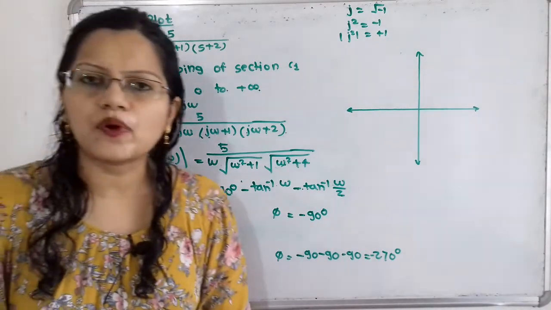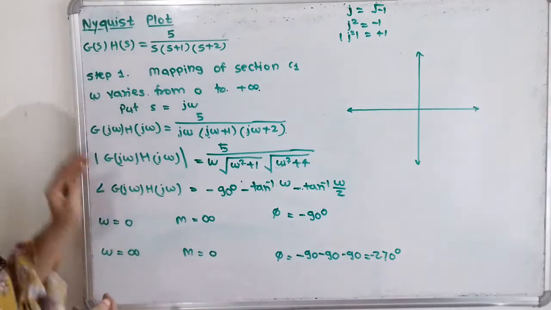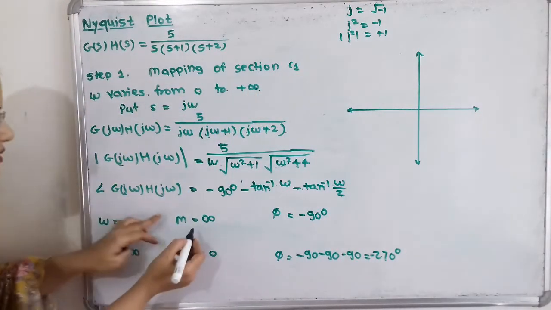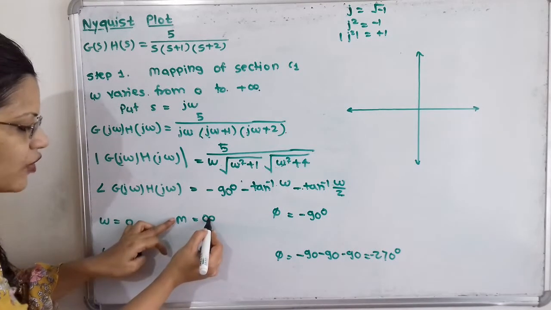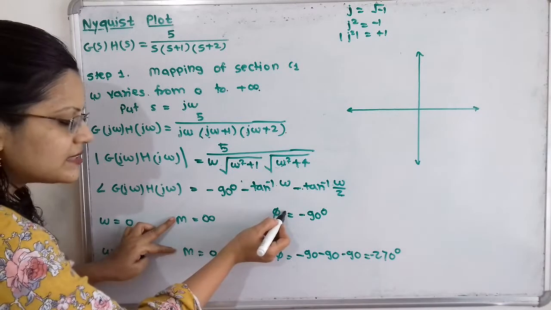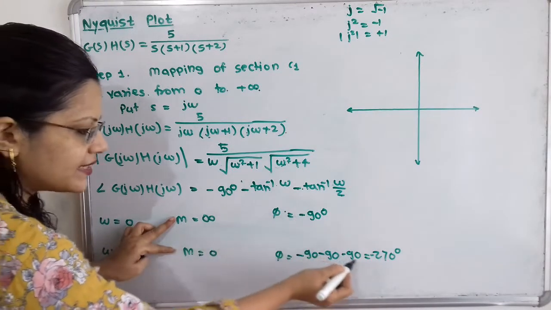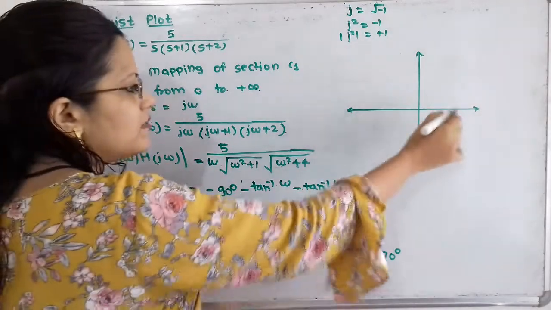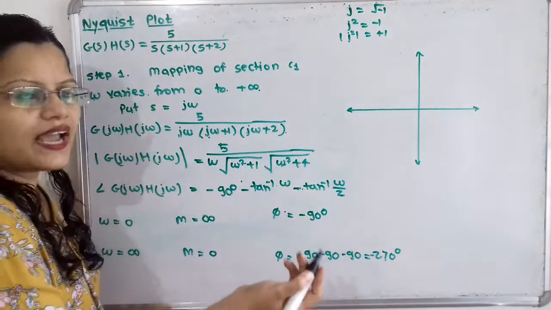Now how to plot this polar plot? Omega varies from 0 to infinity. That means magnitude will start from infinity and end towards 0. Angle will start from minus 90 to minus 270. So for this S-plane, we have to first plot the angles.